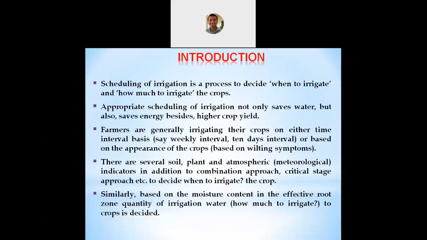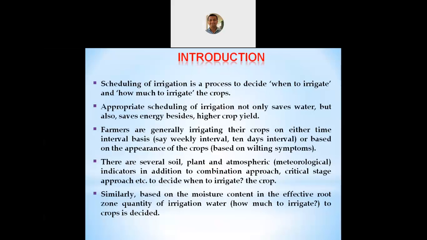For example, if we are adding too much irrigation in case of a sandy soil, the majority of the water is lost through deep percolation, because sandy soils have a larger proportion of macropores. So they help in water conductance easily, and the water is drained out from the soil very easily rather than being held in the soil.